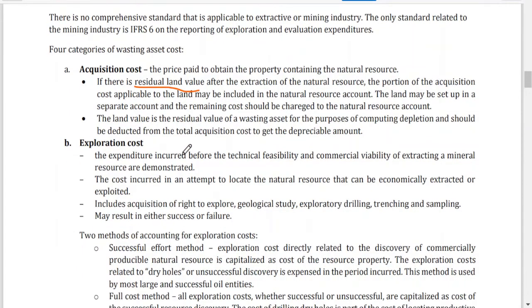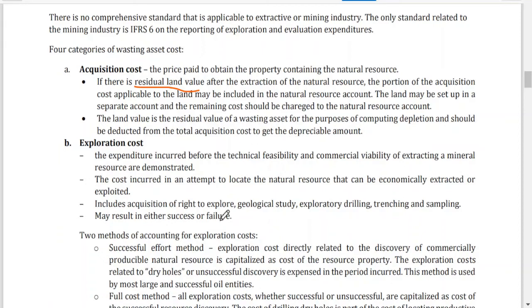Then you have the exploration cost. These are the costs incurred before the technical feasibility and commercial viability of extracting a mineral resource are demonstrated. Because at this time, we're still exploring, we're trying to figure out if there are really mineral resources in the area. These are costs incurred in an attempt to locate a natural resource that can be economically extracted or exploited.